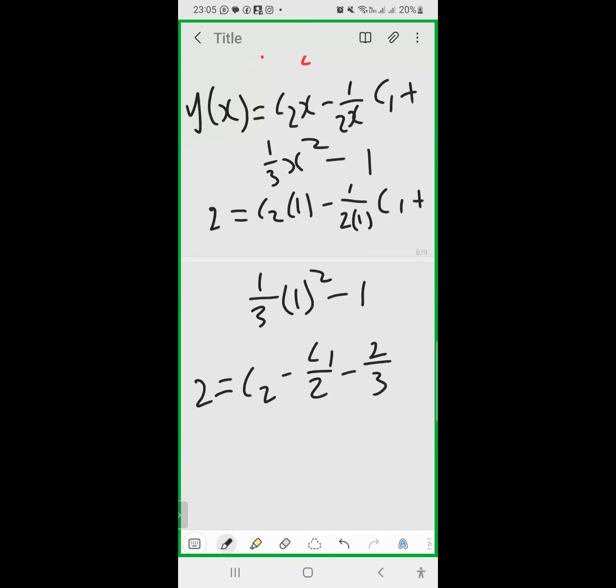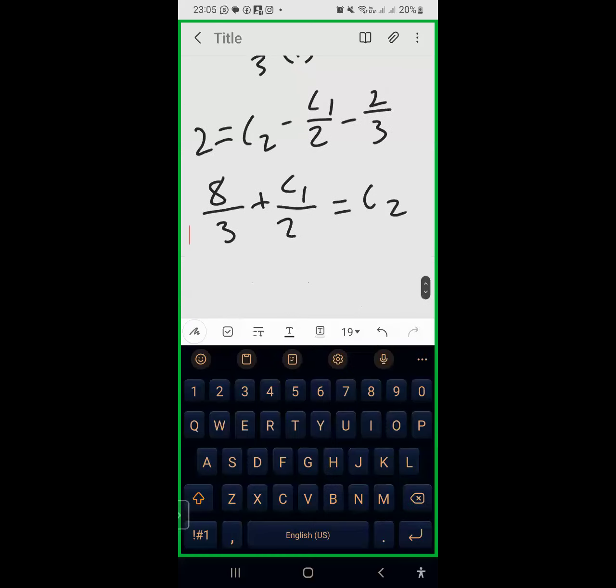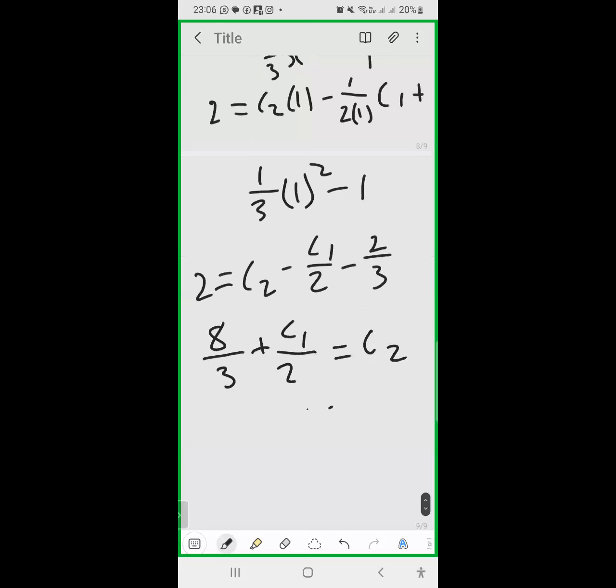Then let me take half c1 to the other side, so this will be plus c1 over 2, equals c2. Then we can call this our equation 1.